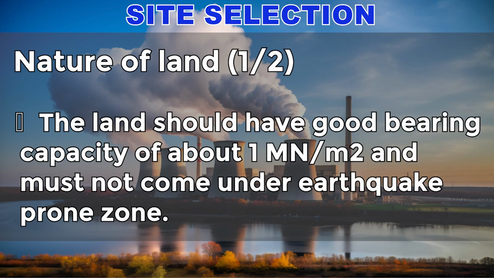The land should have good bearing capacity of about 1 meganewton per meter square and must not come under earthquake prone zone. The land is studied for its past history of tremors and earthquake in order to design the plant that can withstand the severest earthquake.